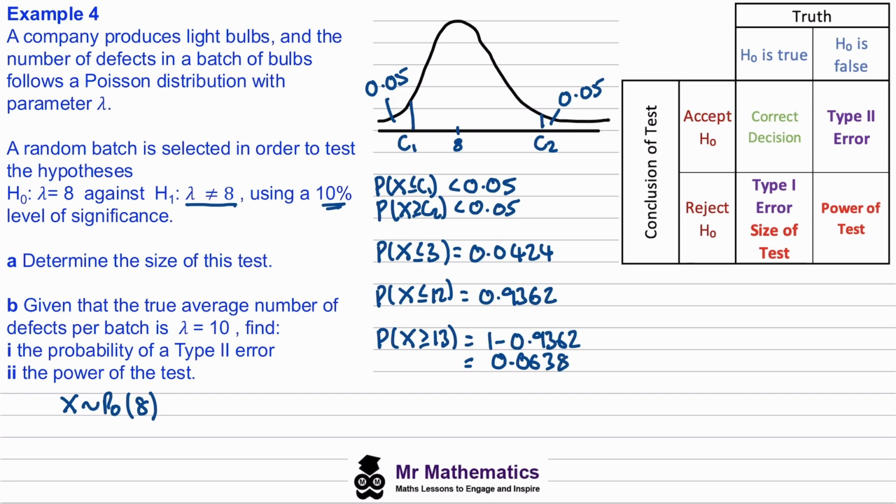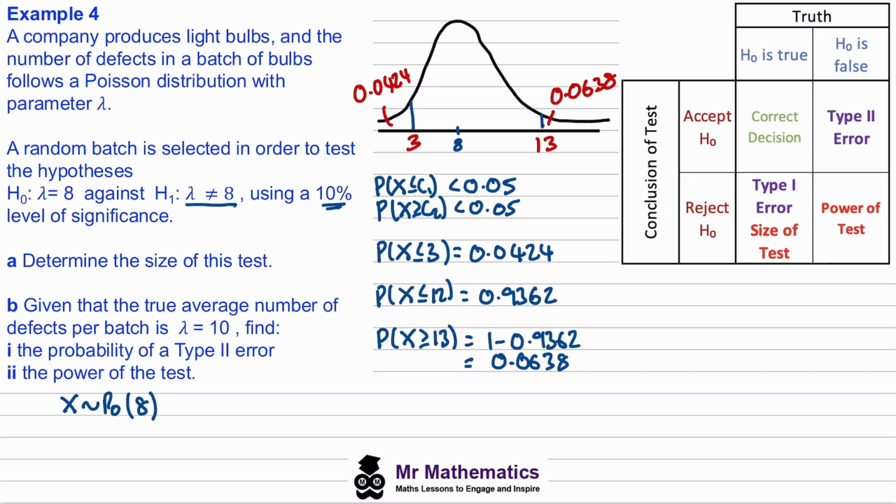So I'll identify each of these critical regions on the diagram. We've got C1 is 3, and this gives us an area of 0.0424. And then we've got C2 is 13, and this has an area of 0.0638. So then for part A, to determine the size of a test, we must be in either of these critical regions.